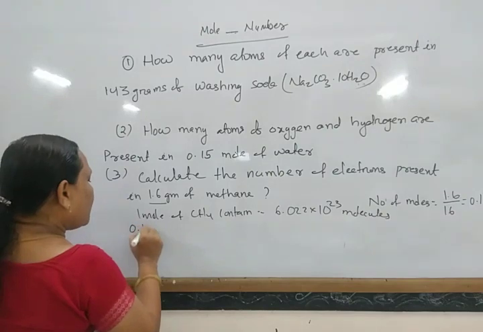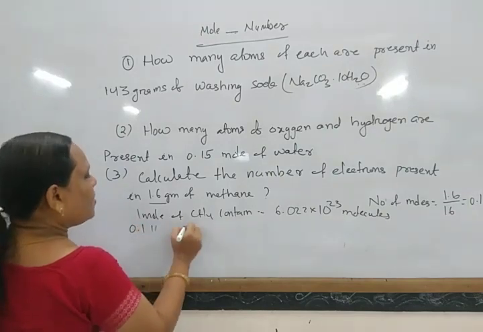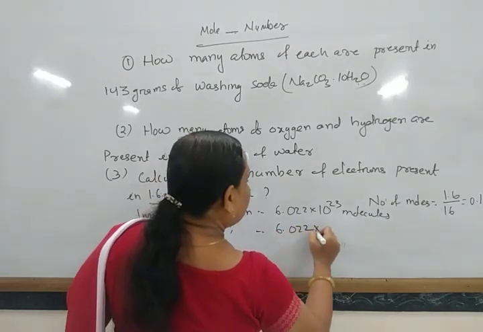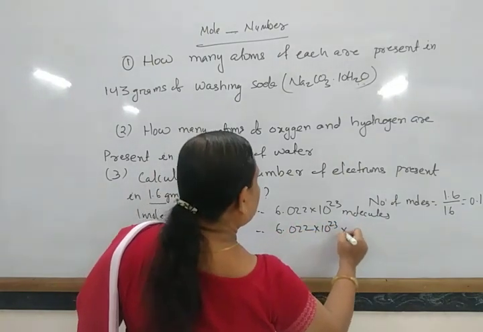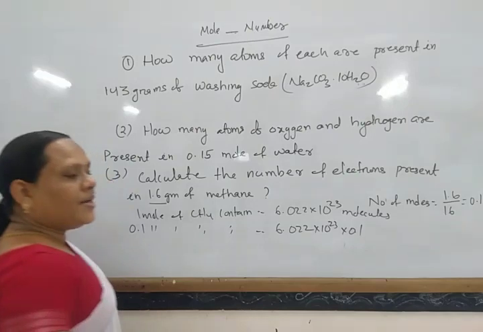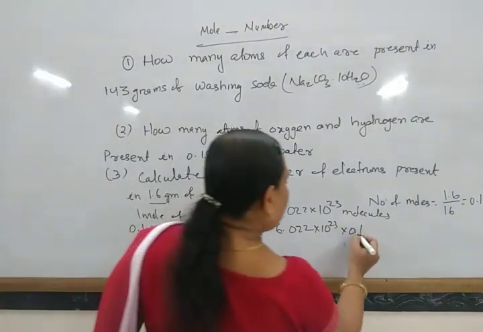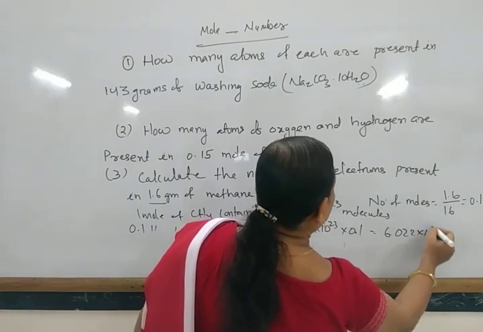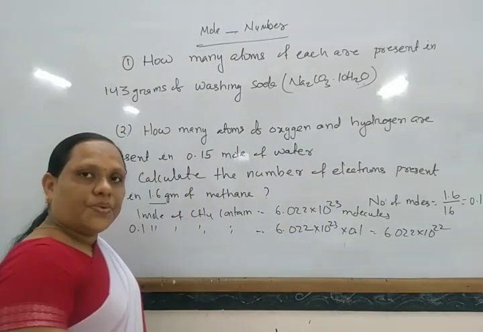Then 0.1 mole of methane contains 6.022 × 10^23 into 0.1 number of molecules, that is 6.022 × 10^22.